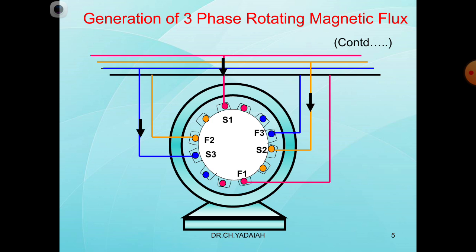On the inner side there are slots, which may be open slots, closed slots, or semi-closed slots. In them we place the three-phase winding, whether it is a lap winding or a wave winding, single layer or double layer. So we already know this thing.